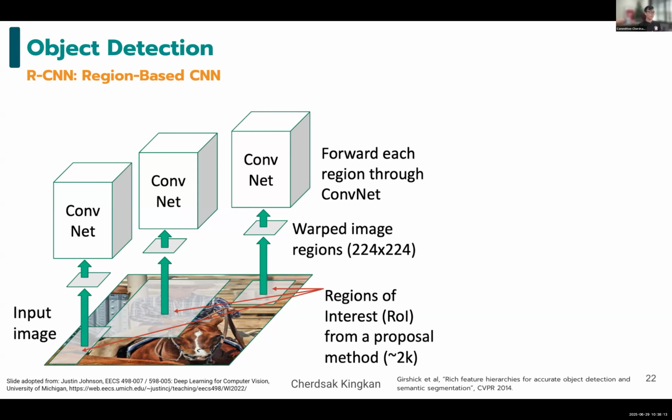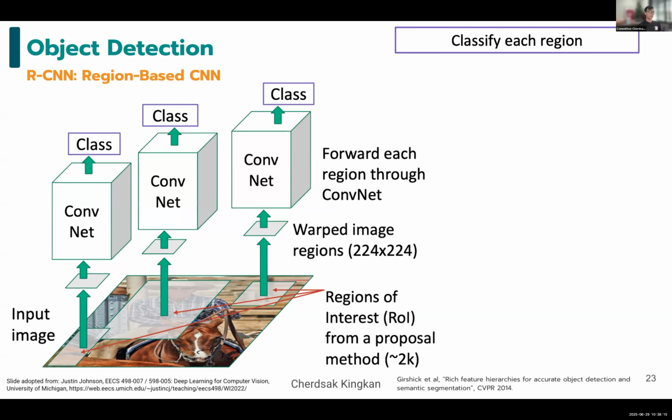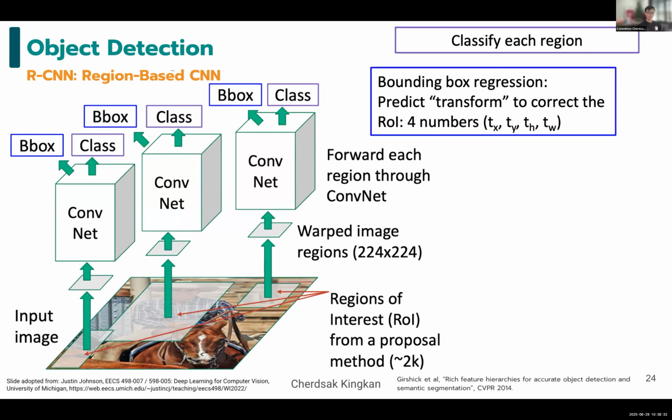The model will have to classify each proposal region or region of interest that we pass through. It needs to classify whether that particular region contains any objects or not. And not only that, we also want the model to tell us the bounding box.